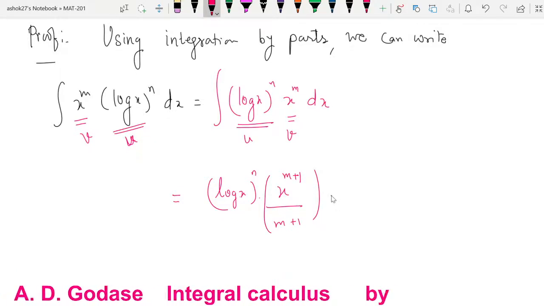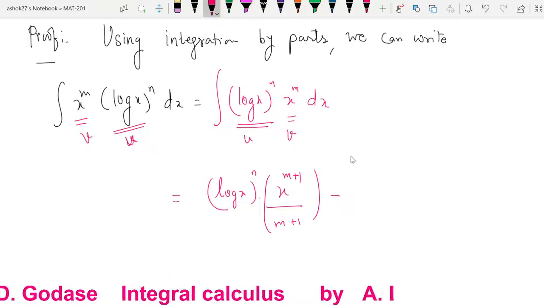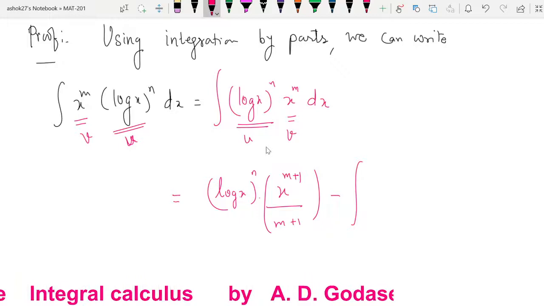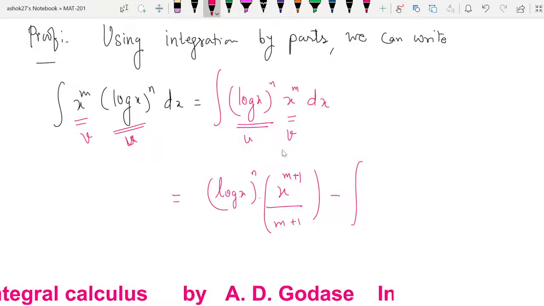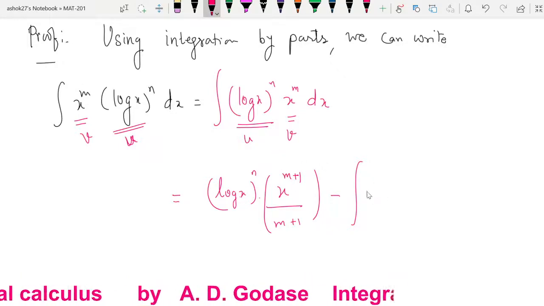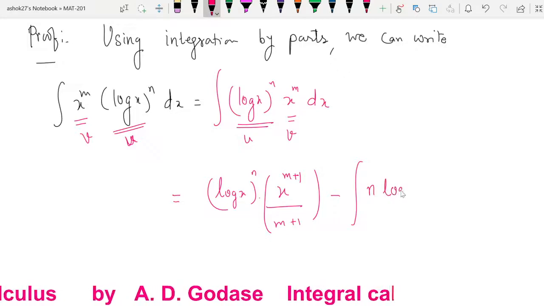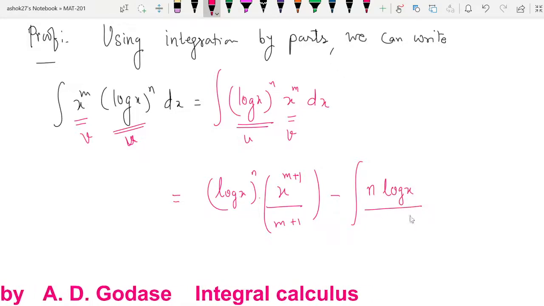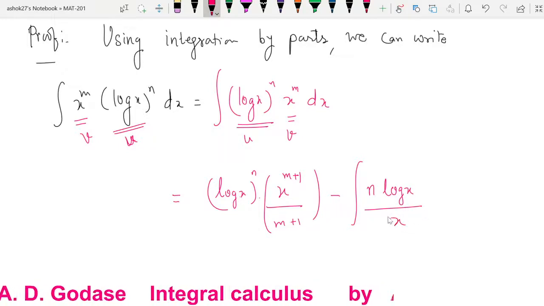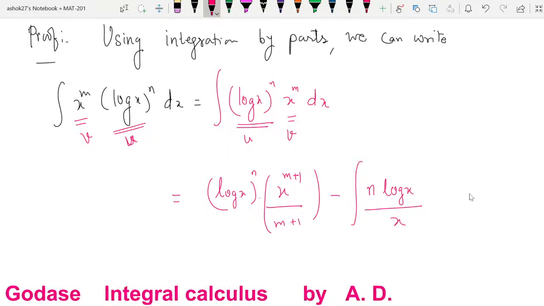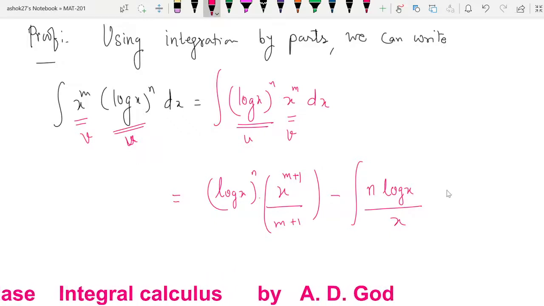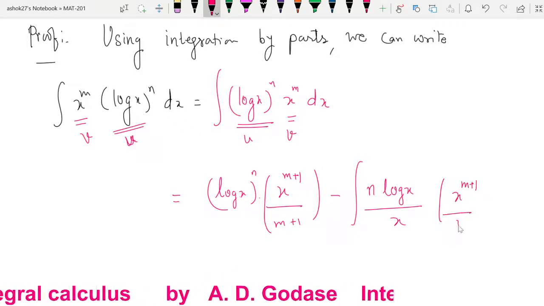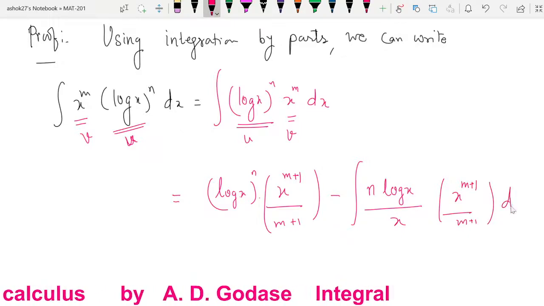Minus, the derivative of the first function, that is the derivative of u, will be n into log x to the power n minus 1 into the derivative of log x, which is 1 upon x, so divided by x, and the integration of x raised to m, which is x raised to m plus 1 divided by m plus 1, dx.